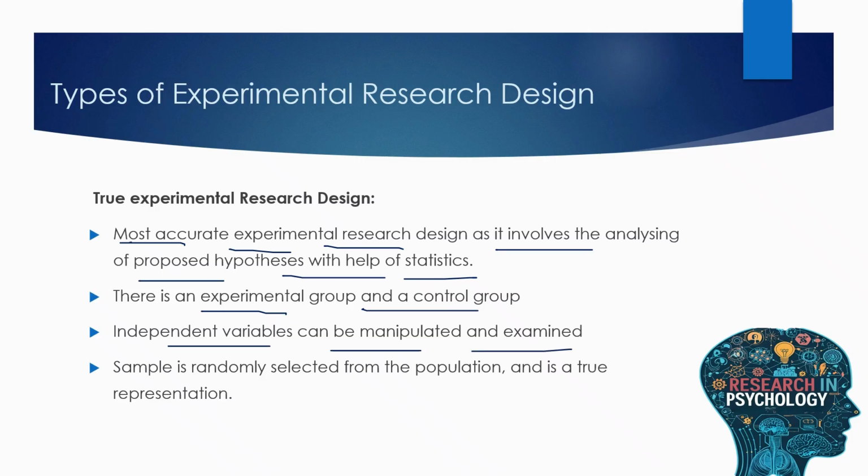The sample is randomly selected from the population and is a true representation. Now these are the most important points. So if you remember in the last one, the sample was not randomly assigned here and there was no separate groups, right? There was only single group. Here we have an experimental group, we have a control group.